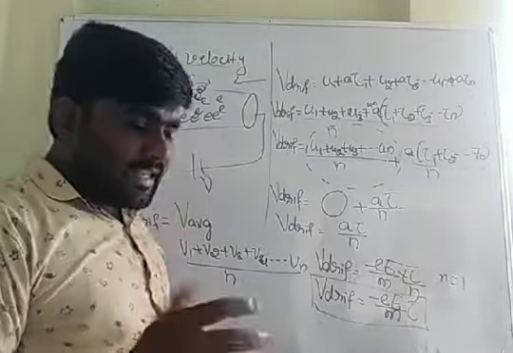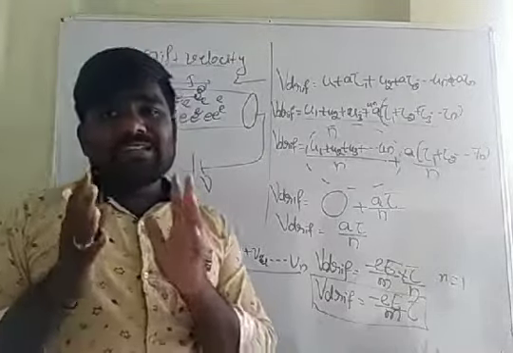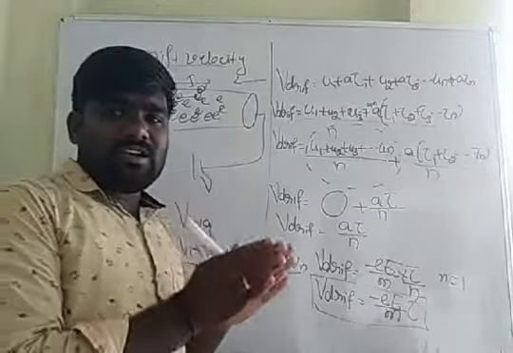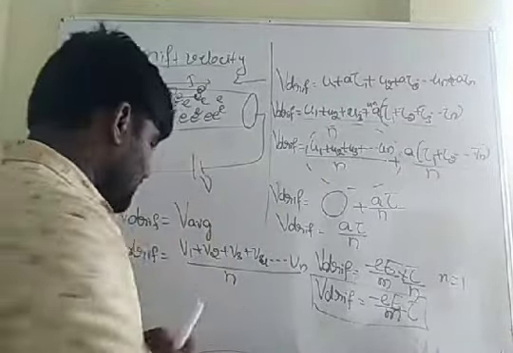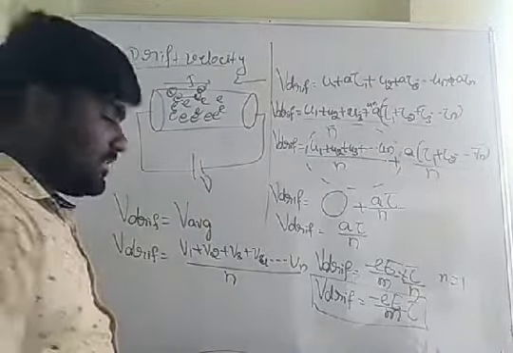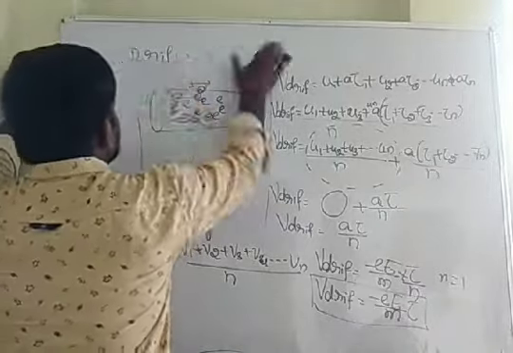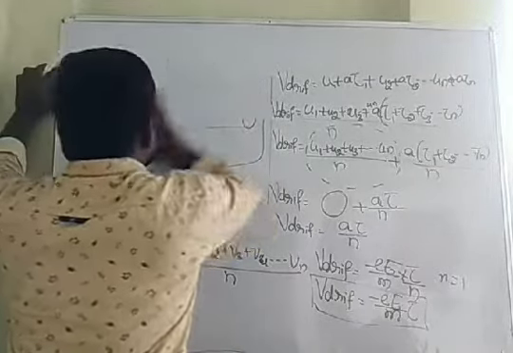Next, see what is the relation between drift velocity and current. What is the relation between drift velocity and current? So I am rubbing this.